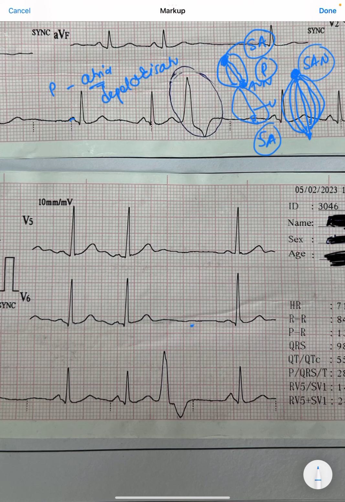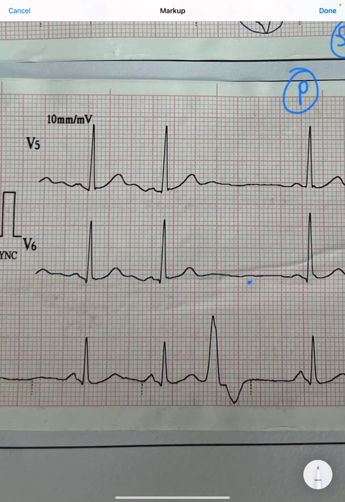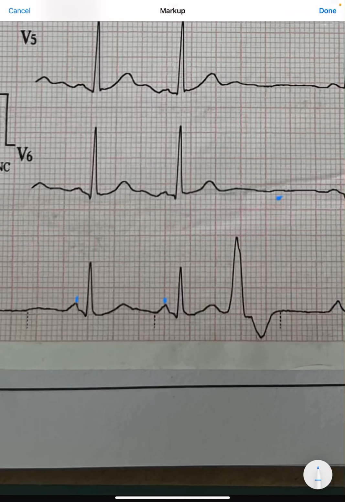But exactly after the particular time where the next P has to come, automatically the next P wave, the next impulse, will come. So that next P will definitely come at the exact time of the next P wave. For example, see the distance between this P wave and this P wave. So what is the distance?